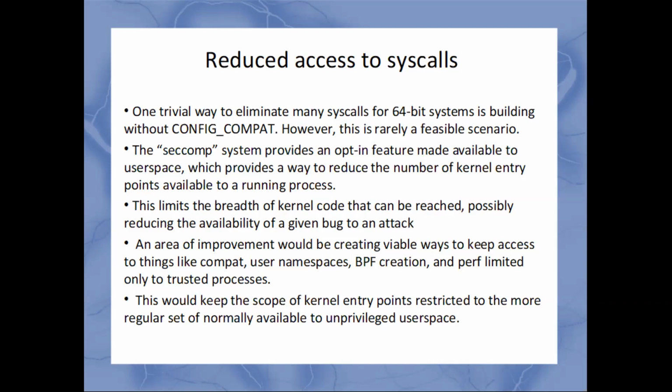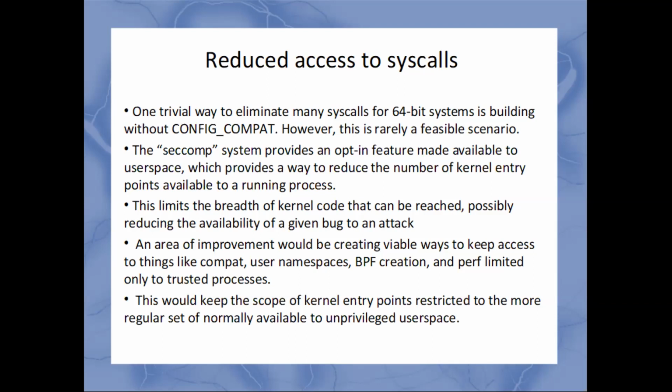This is because the seccomp system provides an opt-in feature made available to user space, which provides a way to reduce the number of kernel entry points available to the running process. And this limits the breadth of the kernel code that can be reached, possibly reducing the availability of a given bug to an attack.